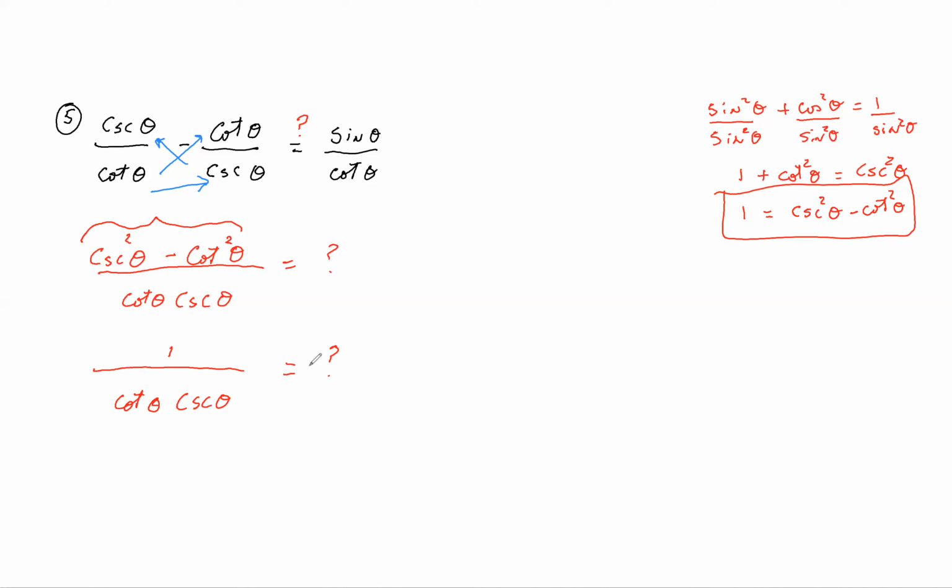But if I analyze only this part, 1 over cosecant is equal to sine, because the reciprocal of sine is cosecant.